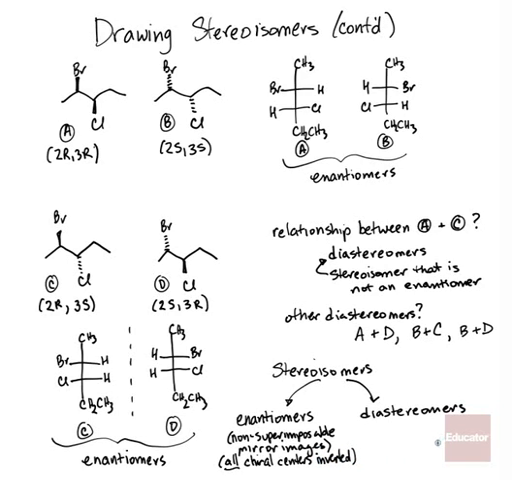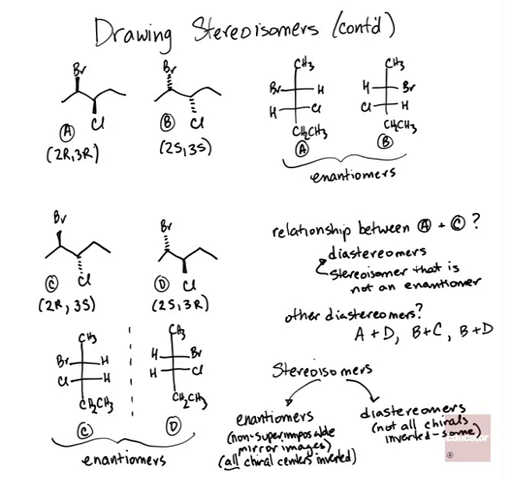Where for diastereomers, if you have multiple chiral centers, if you invert some but not all, then you'd have diastereomers. Not all chiral centers inverted, only some have been inverted.